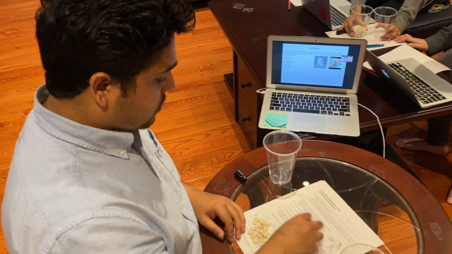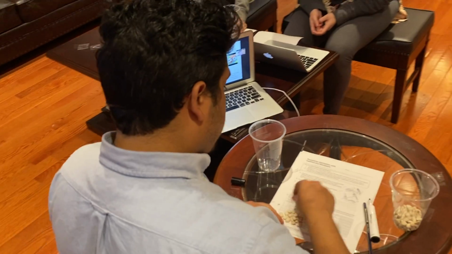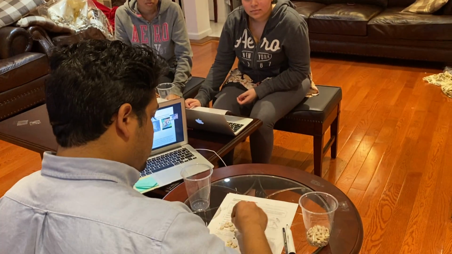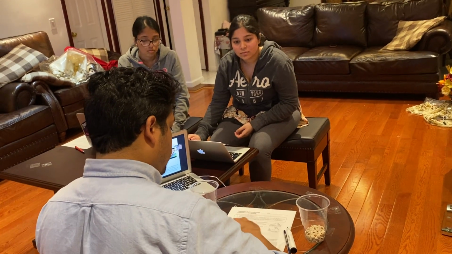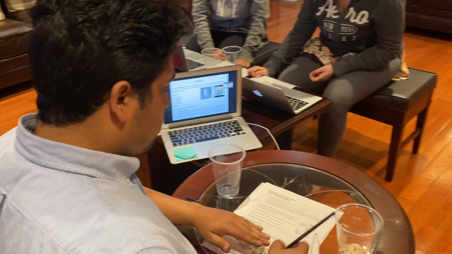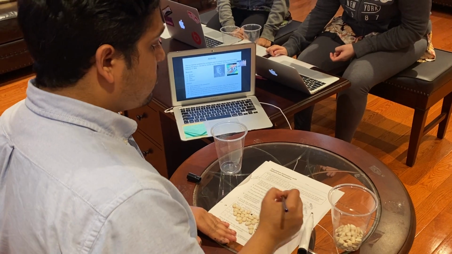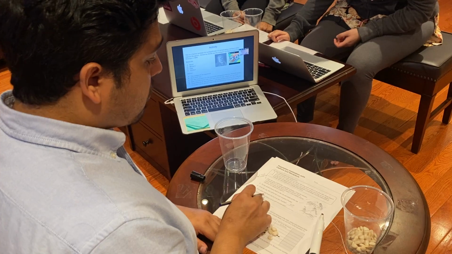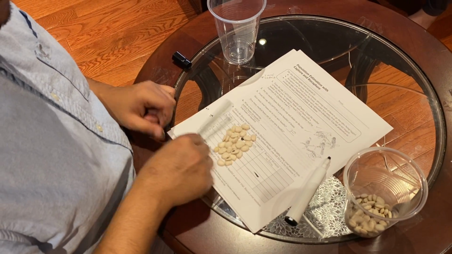Okay, 2, 4, 6, 8, 10, 12, 14, 16, 18, 20, 22, 24, 26, 28, I have 30. So it says, how many total beans are in your new handful? I have 30 beans. Okay? How many marked beans are in your new handful? So of those new 30, how many are marked?